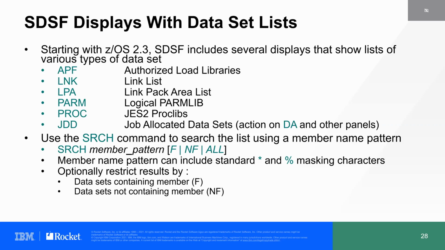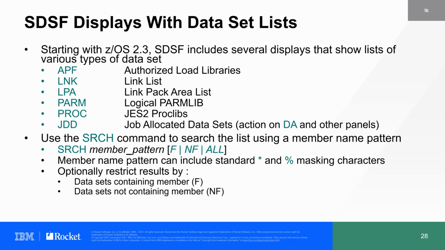Once you have an SDSF panel that's showing these data sets, there is a primary command you can use, SRCH. It will list all of the PDSs that it can find within that data set list using a member name pattern that you specify as the first parameter. You can use asterisk and percent masking characters on the member name.